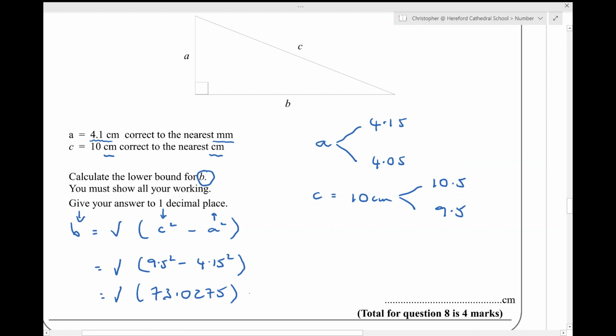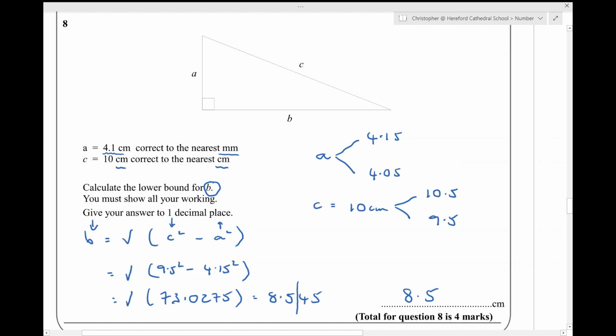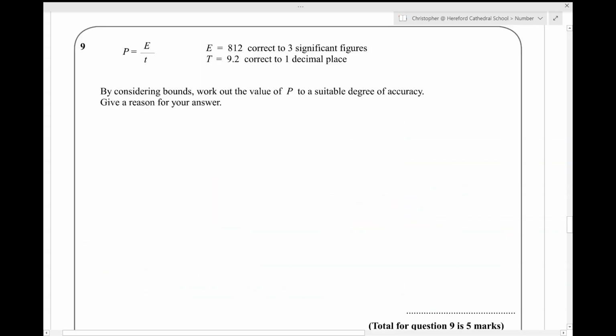When I square root that, I'm going to get a long number on my calculator, but I need to give my answer to one decimal place. So I'm going to show the examiner a few of the digits. To one decimal place, my answer is simply 8.5 centimetres. And that is question 8 finished.